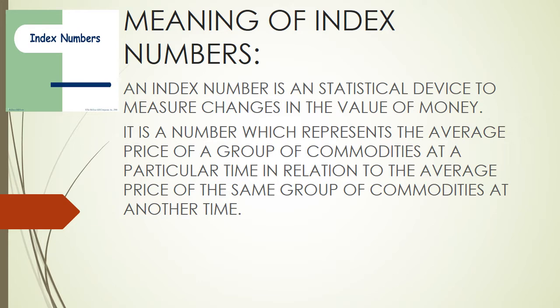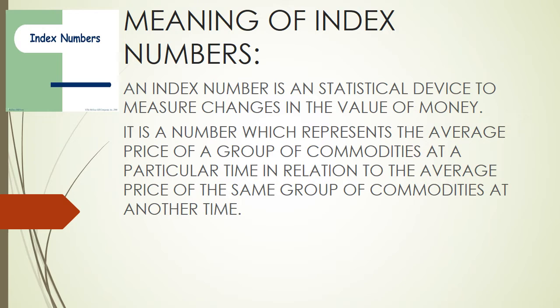Let us take an example of a pen or any stationery item, let us take a book. The minimum price of the book in 2020 is rupees 60, but let us go 5 years back, to 2015. In 2015 the same quantity, the same quality book was rupees 30.